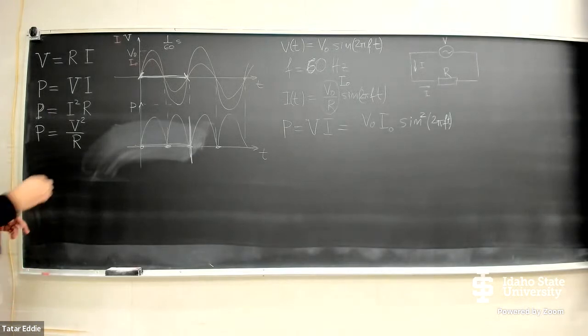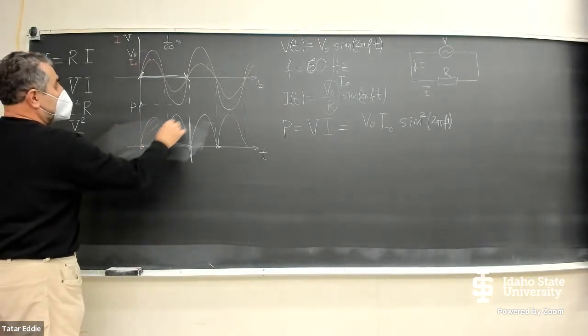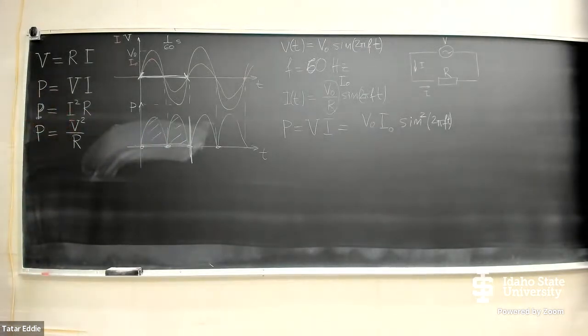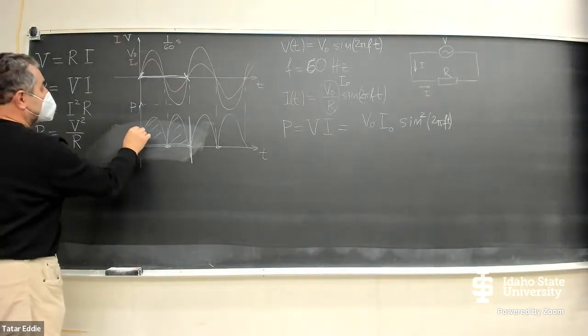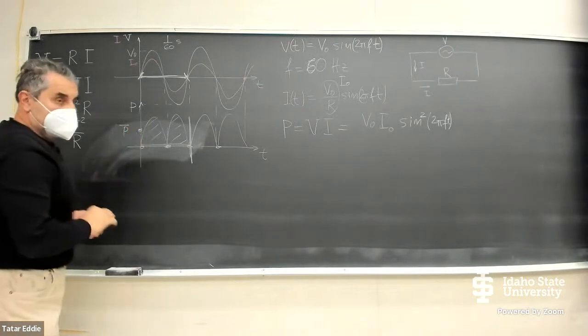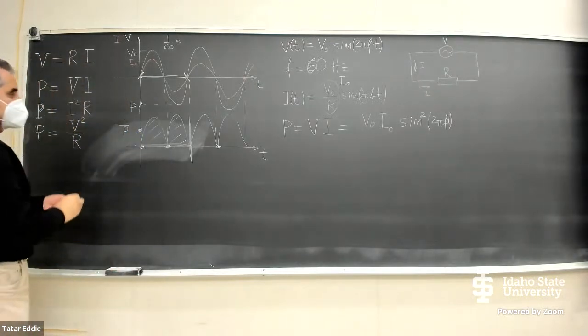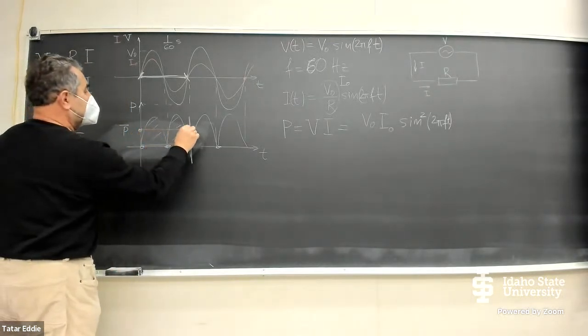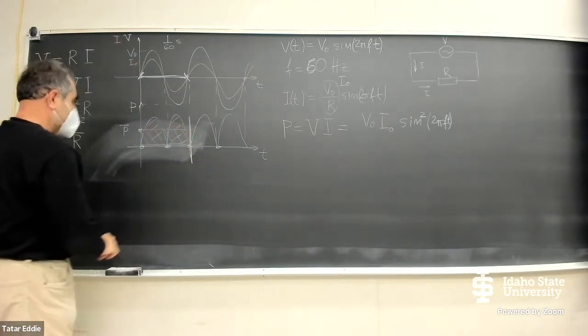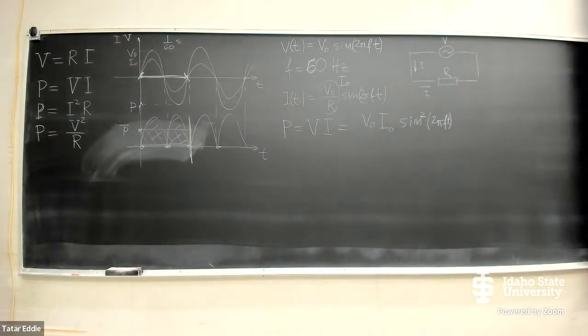And you do it by looking at the area under this oscillating function, and finding average value, the average right here, such that the area of the rectangle is equal to the area under the oscillating function.